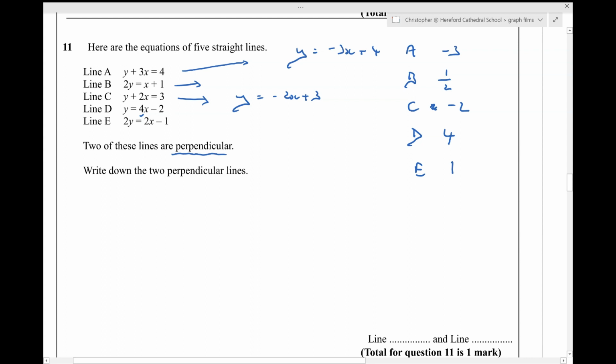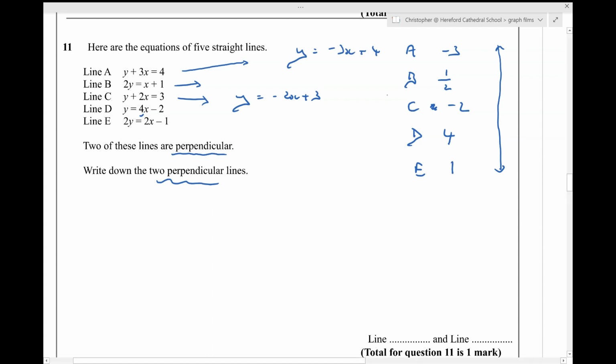Right, now I'm looking for 2 perpendicular lines. So I'm looking at my gradients here, and I'm looking for which pair of gradients multiply to minus 1. Or I'm looking at the gradients and seeing whether I can pair them up, one being the negative reciprocal of the other.